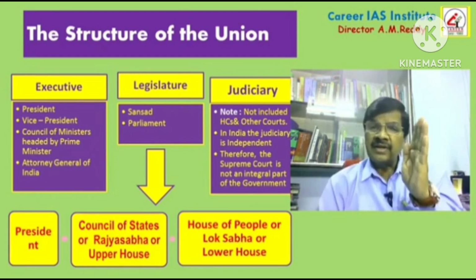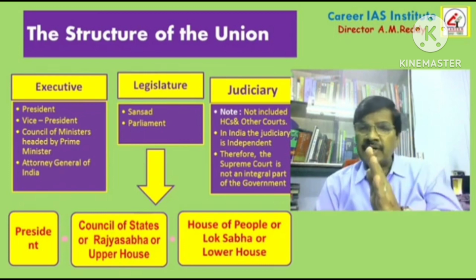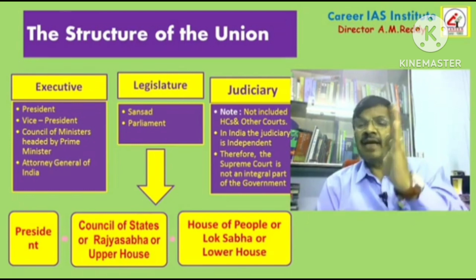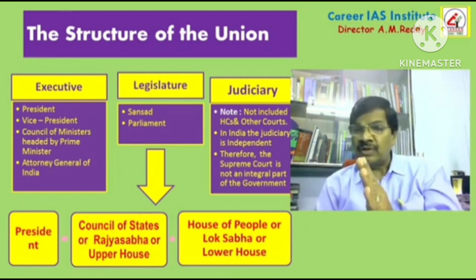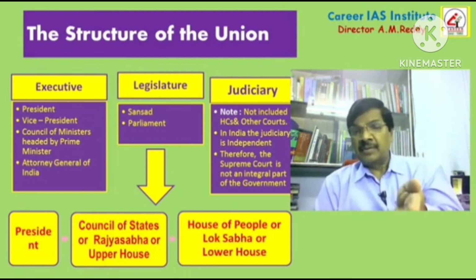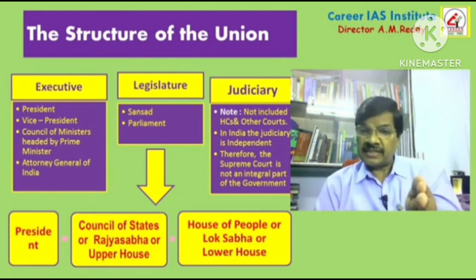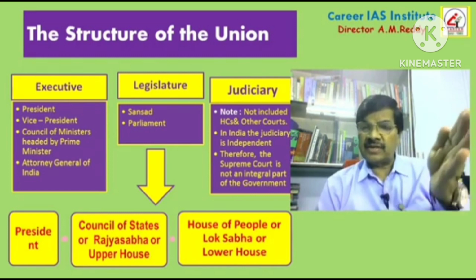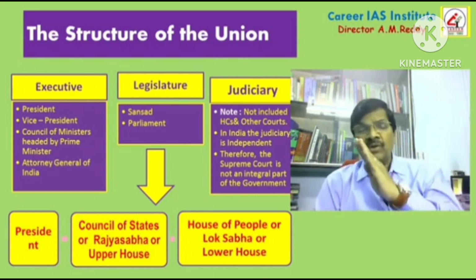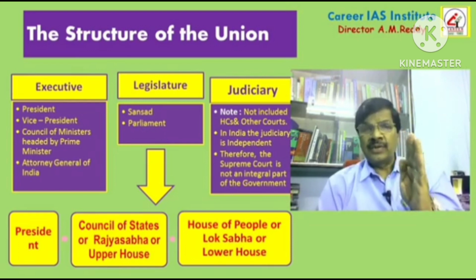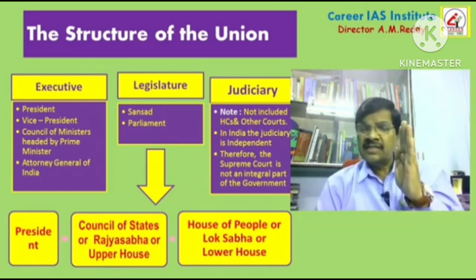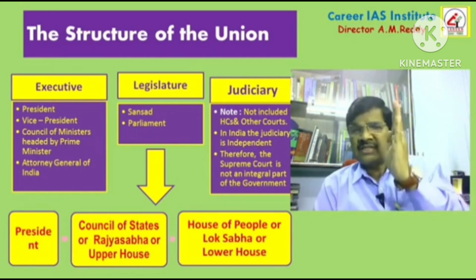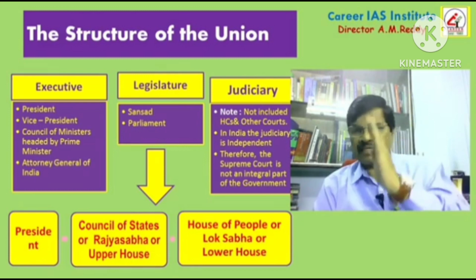What is an ordinance? Ordinance is a temporary law. What is the main function of the legislature? To make the laws. Because it is the president who proclaims ordinances, but subject to ratification by the parliament, we can say provisions relating to legislature are from article 79 to 122, and article 123 deals with the ordinance making power of the president.